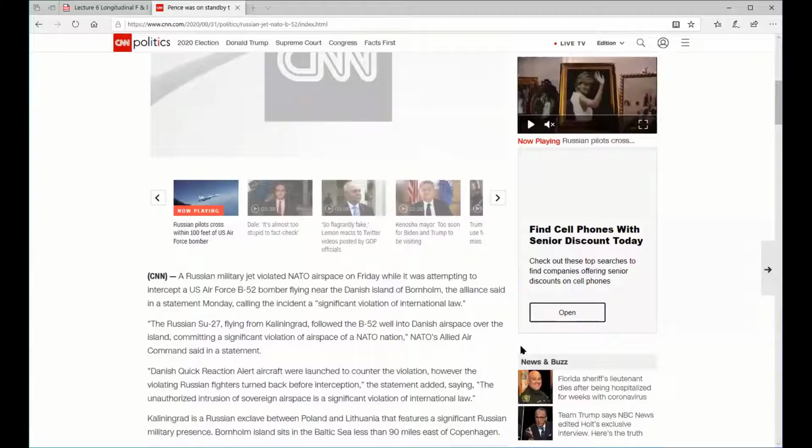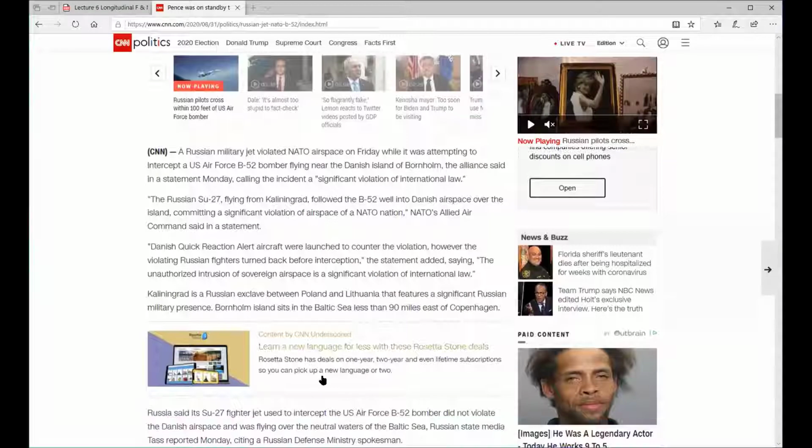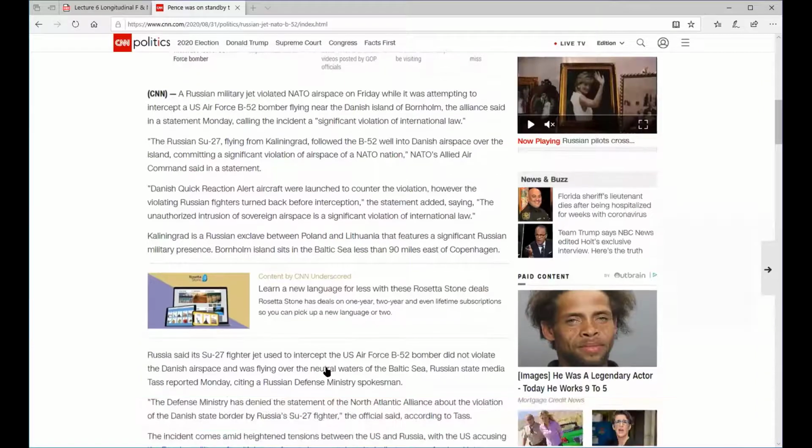It says a Russian military jet violated NATO airspace near the Danish island of Bornholm. Anybody been there? It's not showing where? Oh, it's because I'm not sharing the screen. Yeah, so it's just another incident. Who knows what'll happen?